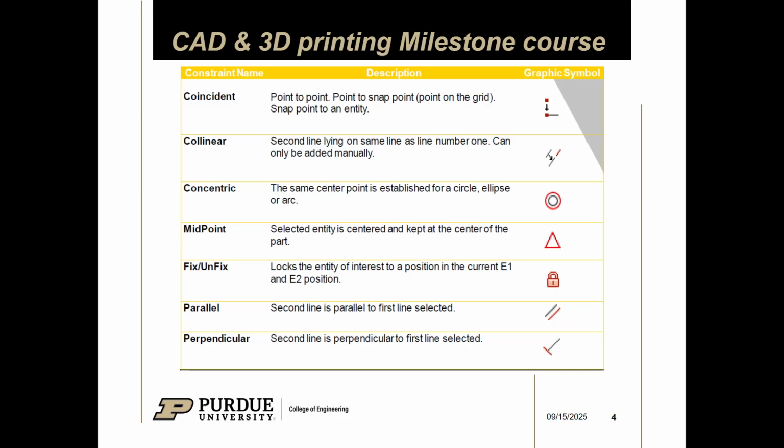I will say there is a fixed constraint. I highly recommend you don't use this constraint. There are very niche cases where it is useful, but for the most part in this course, you're not going to be using it, and I encourage you don't use it. The reason I recommend you don't use it is because before you fix something, it's in an arbitrary point in space, right?